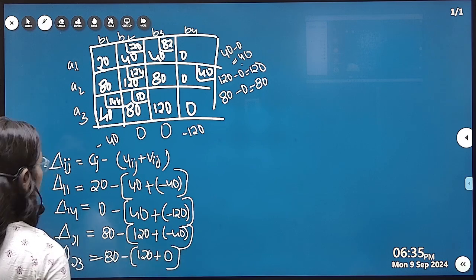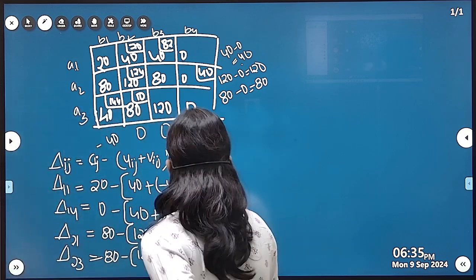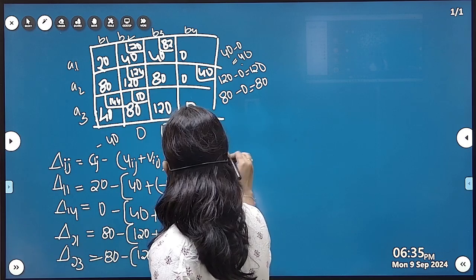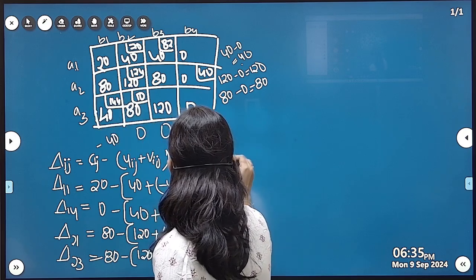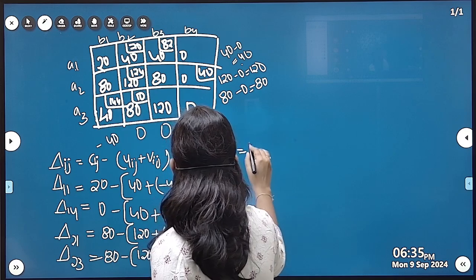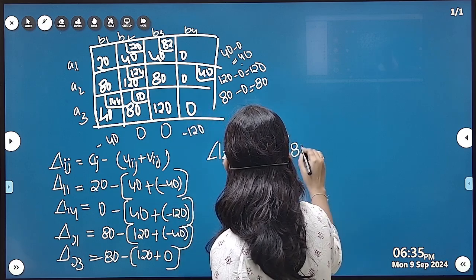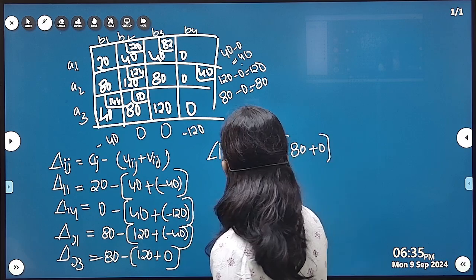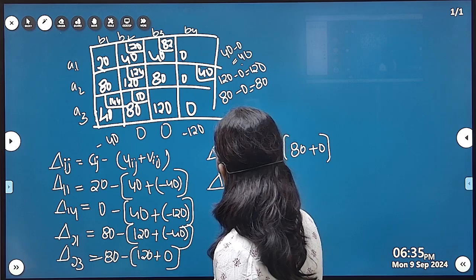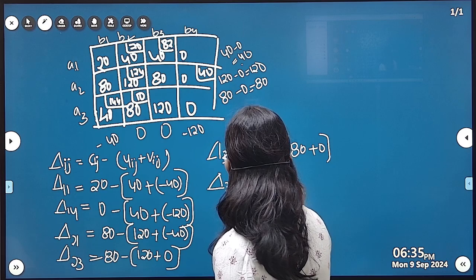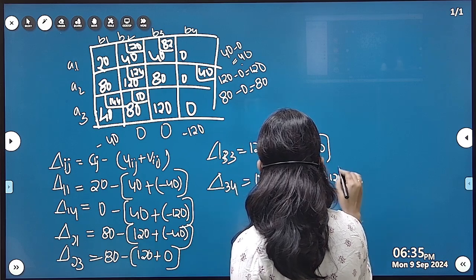If you are not clear, tell me and I will explain once again. Next is A3 and B3: 120 minus 80 plus 0. Next is A3 B4: 0 minus of 80 plus minus of 120.